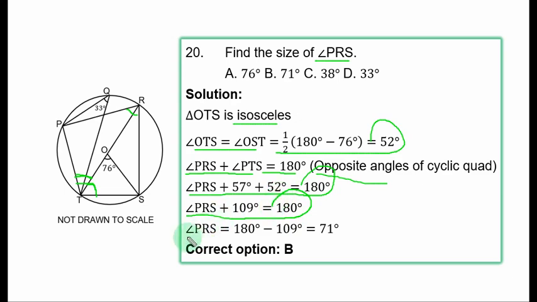So angle PQS is equal to 180 degrees minus 109 degrees, and that is 71 degrees. B is the correct option.